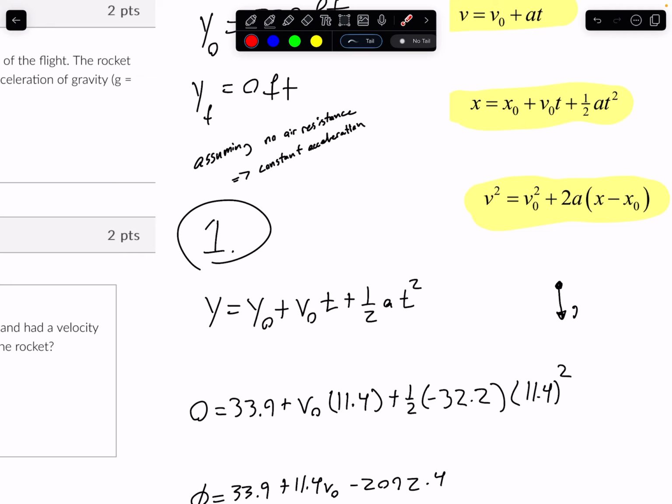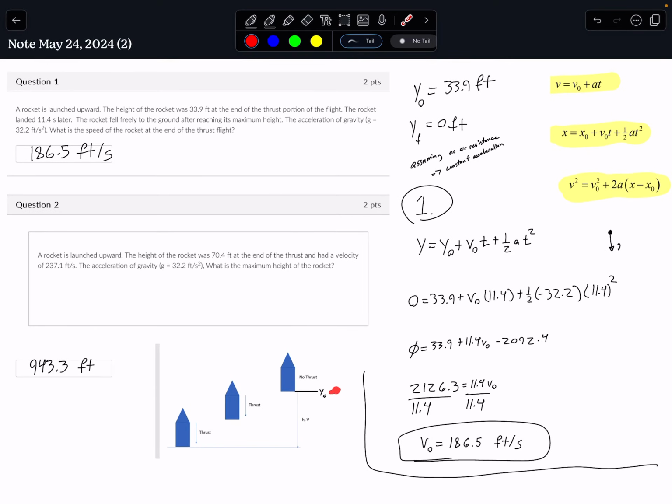We have the acceleration, that's just gravity. We have the time. We do not have the initial velocity, the velocity at y0. And we have y0, the starting height, which is 33.9 feet. I have that right there.